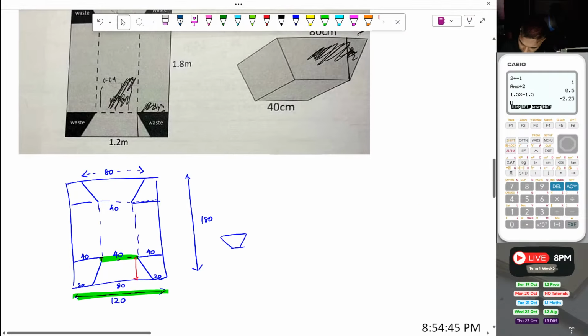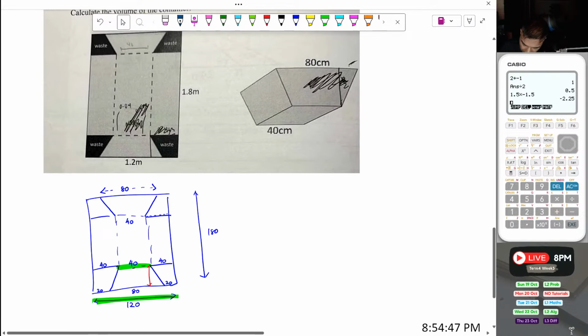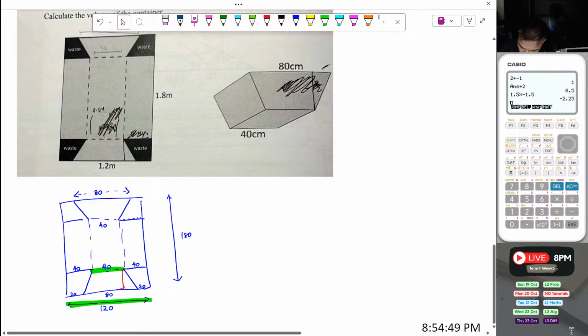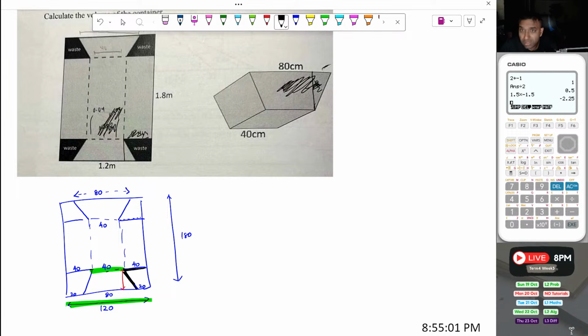Why do they do it upside down? I think these two parts here are going to be equal. I'm going to color it in a different color so you can see it. So this black line here and this black line here both have to be the same because they're going to join up, so that part there is actually going to be 40.